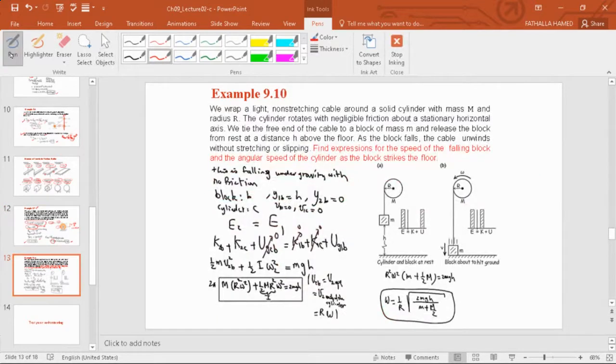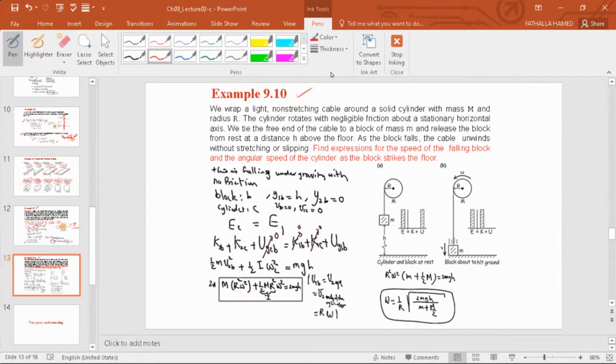Let's take example 9.10 here. We wrap a light non-stretching cable around a solid cylinder with mass m and radius r. The cylinder rotates with negligible friction about a stationary horizontal axis. We tie the free end of the cable to the block of mass m and release the block from rest at a distance h above the floor.